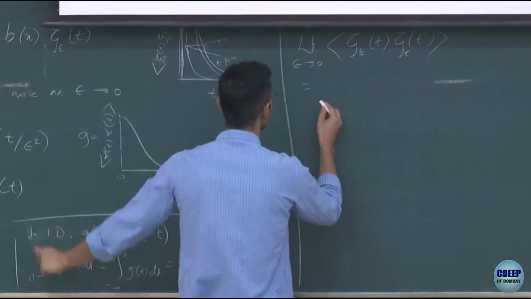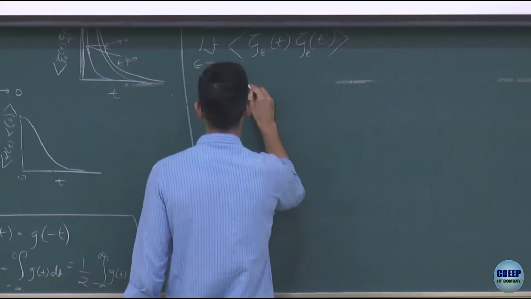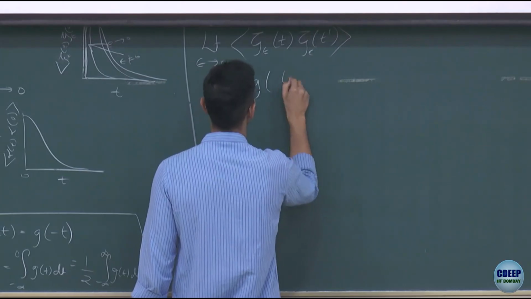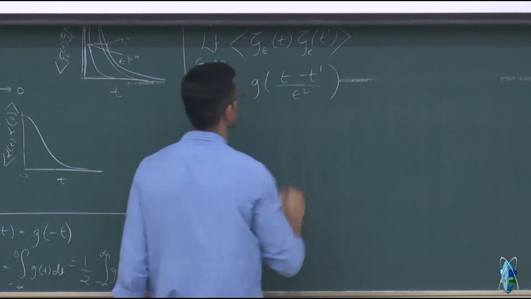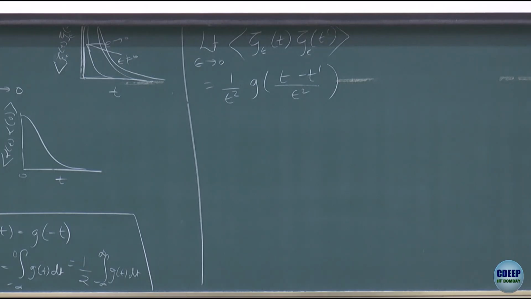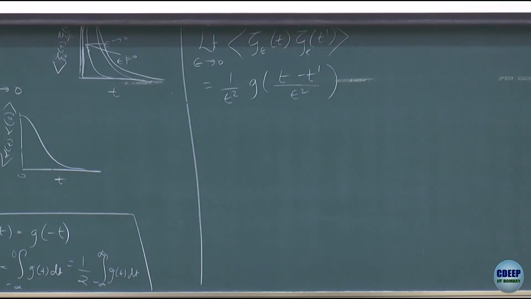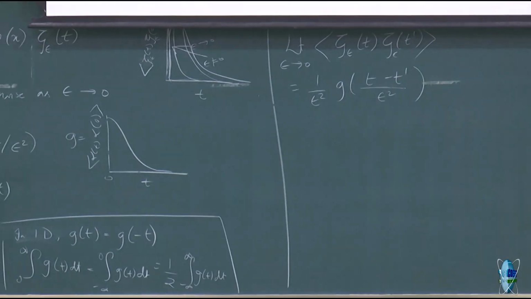So based on what I've written here, I'm going to get 1 by epsilon squared, g of t minus t prime, remember only the difference matters, by epsilon squared.